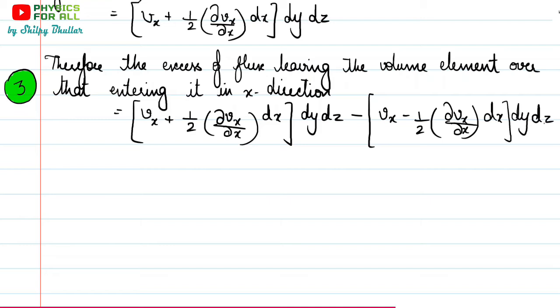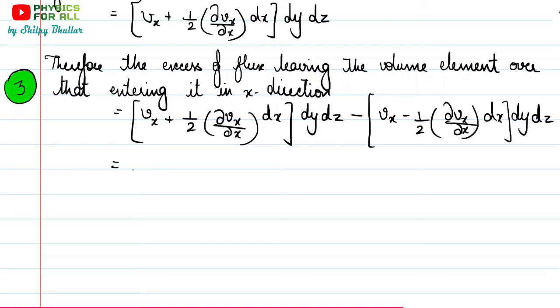Because whenever we find the flux, we always subtract the initial value from the final value. Here we have to subtract the incoming flux from the outgoing flux. We have to subtract the entering flux from the flux which is leaving. If we do that, what do we get?